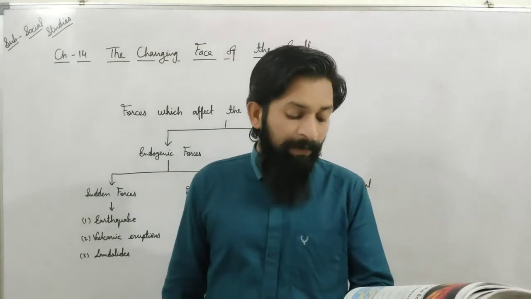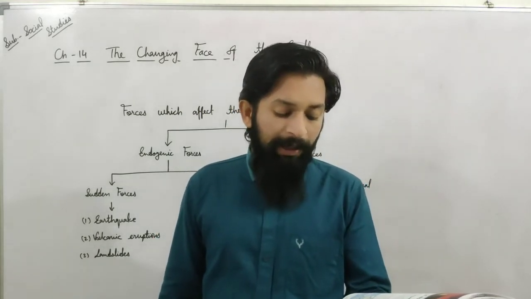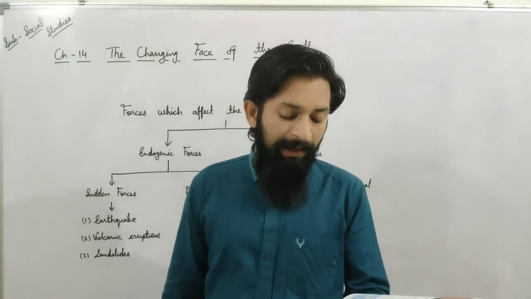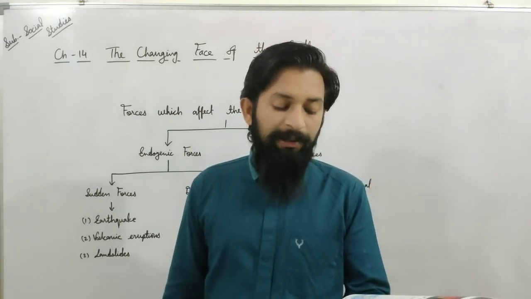First, volcanoes. A volcano is an opening in the Earth's crust through which molten rocks, ashes, gases, and steam are thrown out onto the Earth's surface. The opening is on the Earth's crust, and then the material inside melts and molten rocks and many types of gases are thrown out on the Earth's surface.